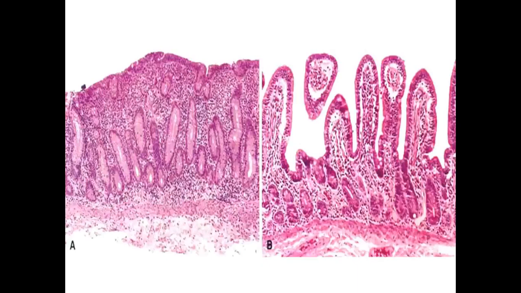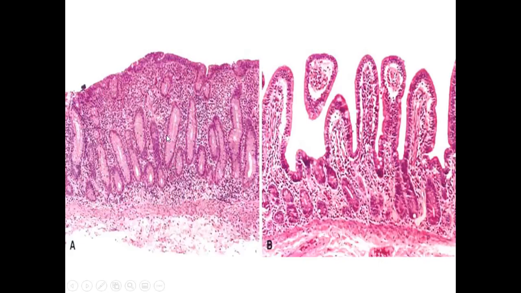So this diagram shows the celiac disease microscopic appearance. This is the normal appearance. Here you can see the normal length of the villi of the duodenum. And here you see flattening of the villus. There is loss of villi or villus atrophy. And then crypt hyperplasia.